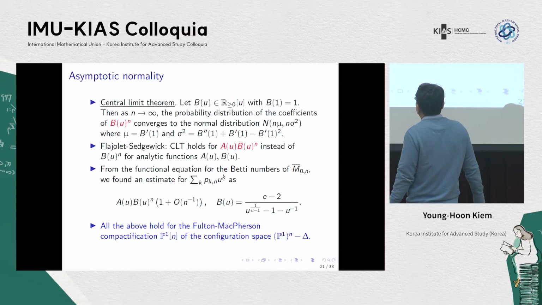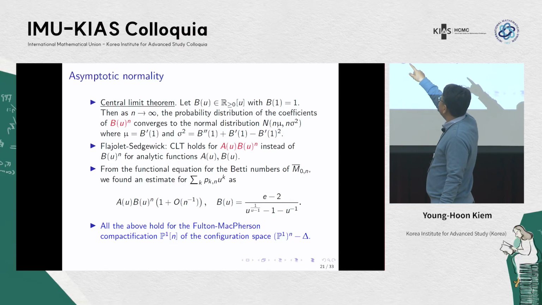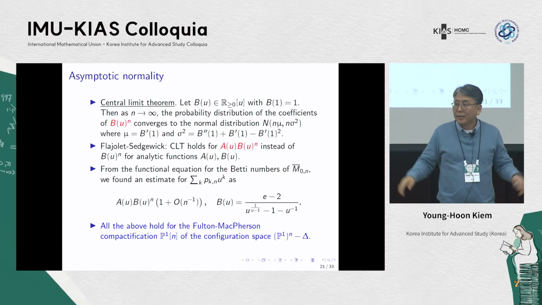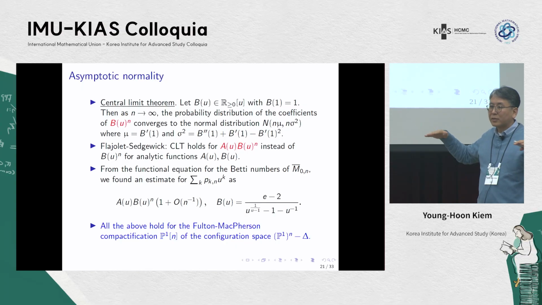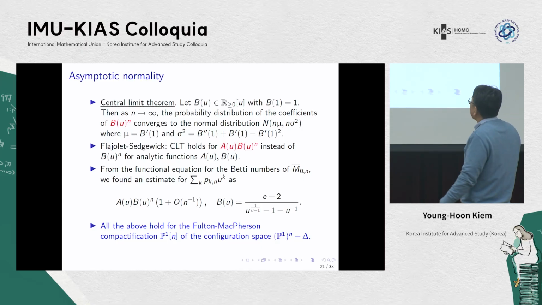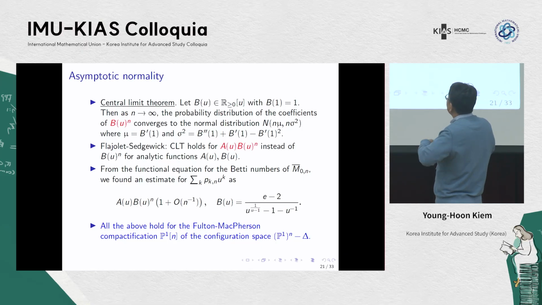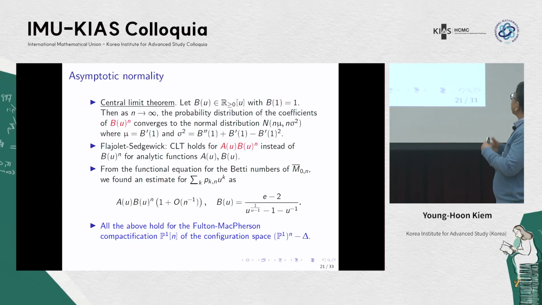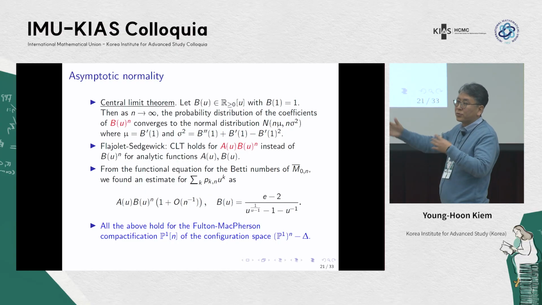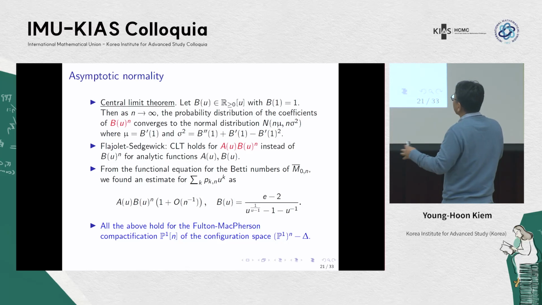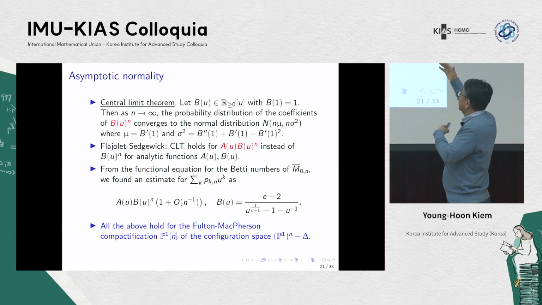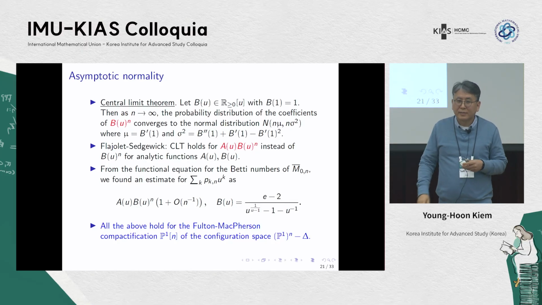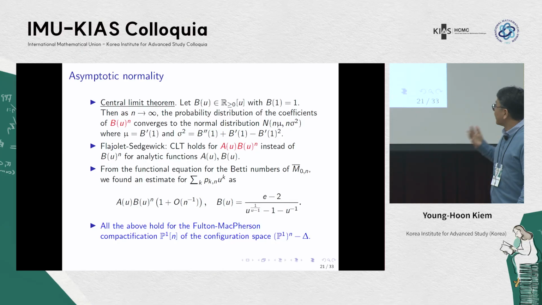Now you think about the nth power of b(u). Then you get a new polynomial, and the coefficients give us another probability distribution. And you ask for the behavior of this new probability distribution as n goes to infinity. The central limit theorem tells us that it doesn't matter which b you start with, you always end up with the normal distribution. That's the central limit theorem that I understand.